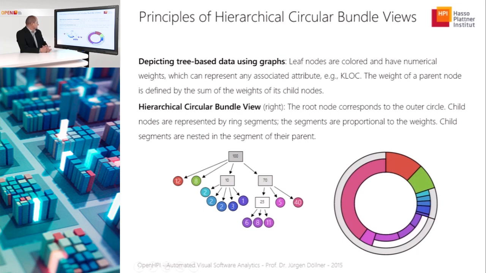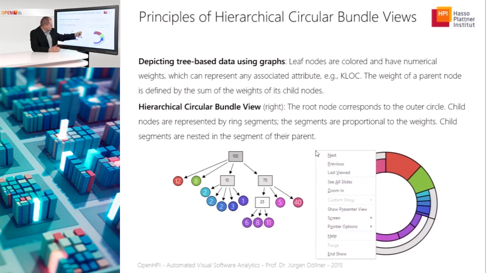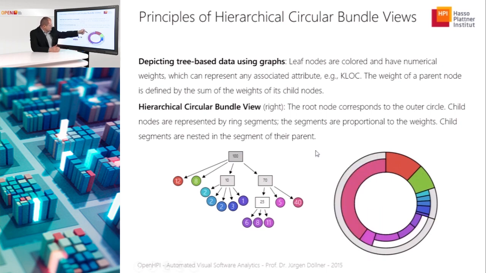For example, child nodes having a big weight, in this case a leaf node with 40, get a large segment. The nested segments also reflect the hierarchy. It starts outside from the root towards inside, ending up with the leaf nodes.